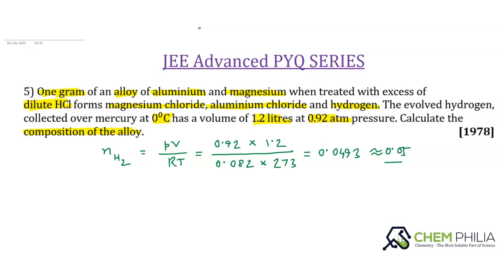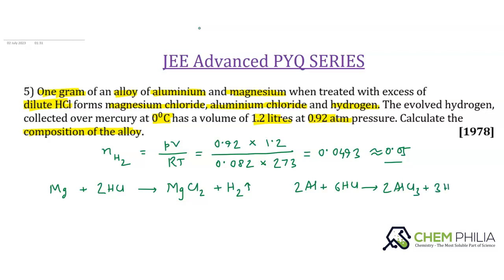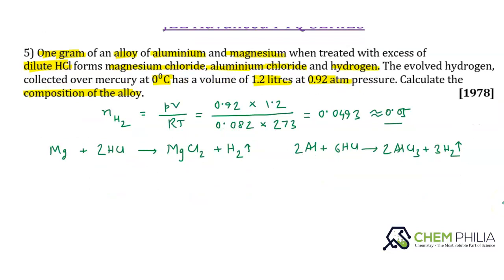Now let us write the reaction. Magnesium plus 2HCl produces magnesium chloride plus hydrogen, which is released. On the other side, 2 aluminium reacts with 6 HCl to produce 2 AlCl3 plus 3 hydrogen, which is released.